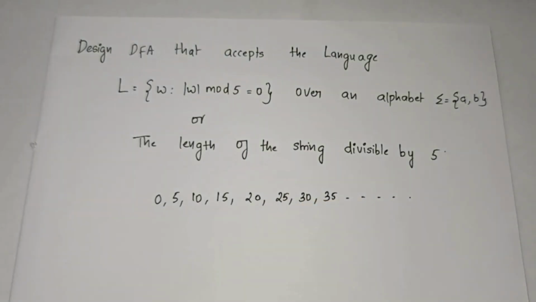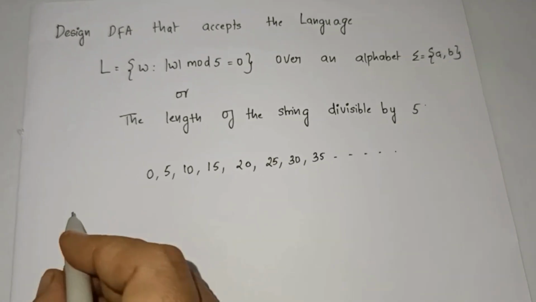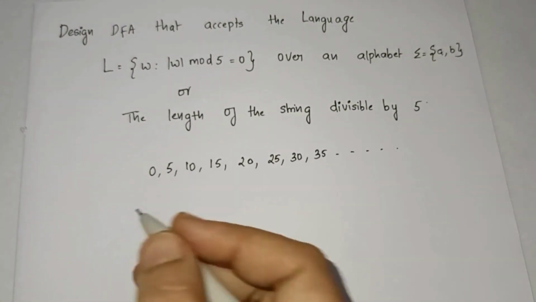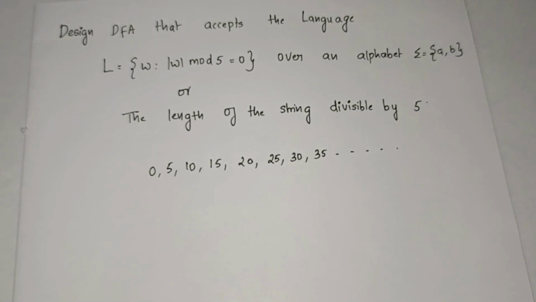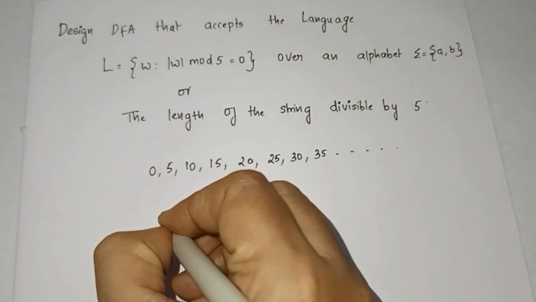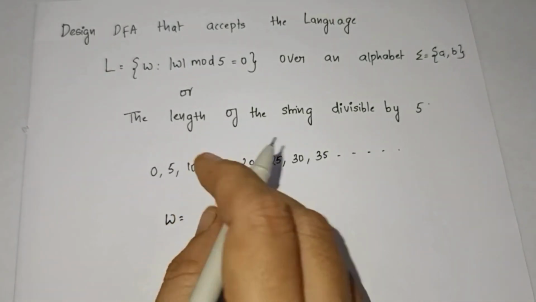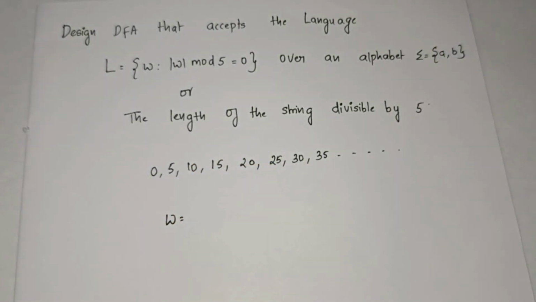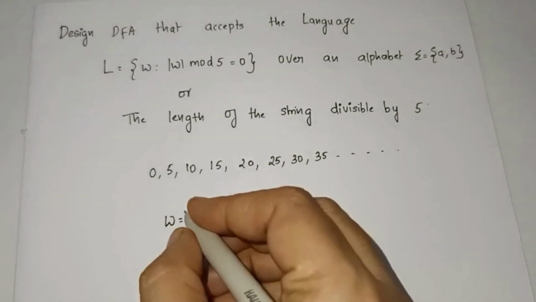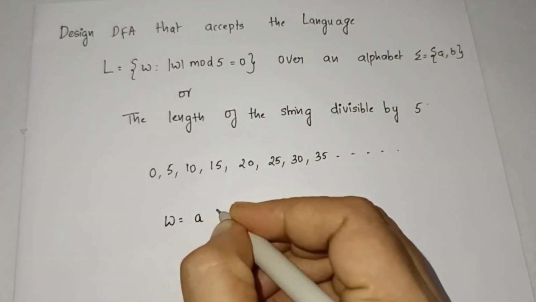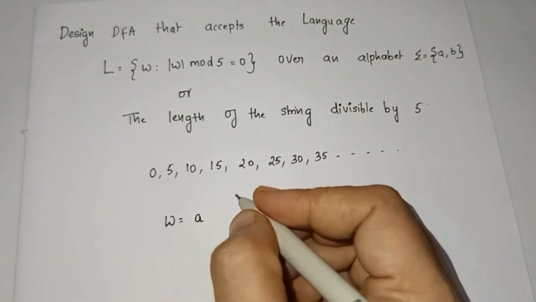Now we will try to design a finite automata for that. In the previous video, I explained how the string should be taken. For 5, the string can be any combination of A's or B's. There is no restriction like the first symbol should be A or the second symbol should be B. We can take any A's or B's, but we are restricted only by the length of the string.